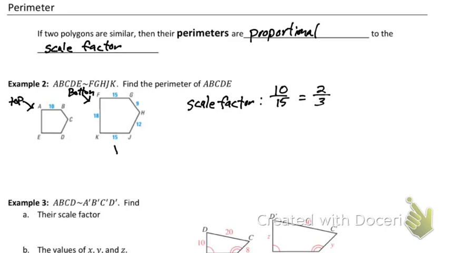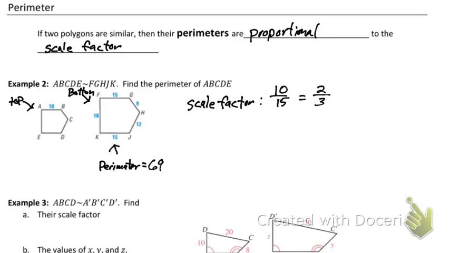That means I need to know the perimeter of one of these guys. What is the perimeter of that large shape? Ishana: 69. It is 69.